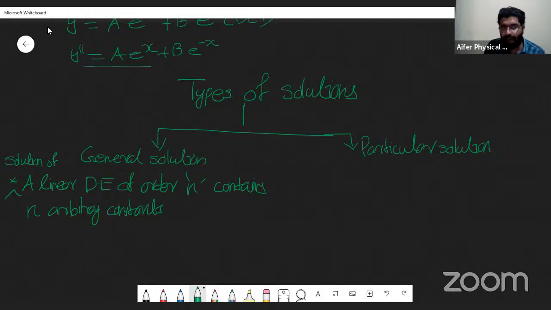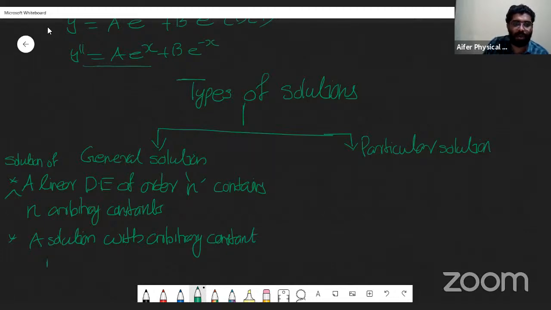A solution with the arbitrary constants is called a general solution.